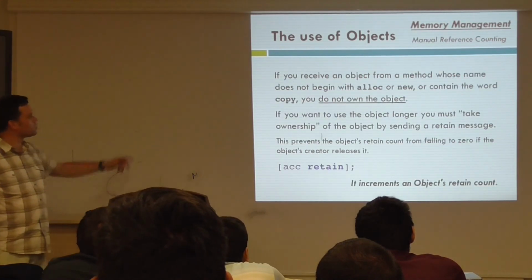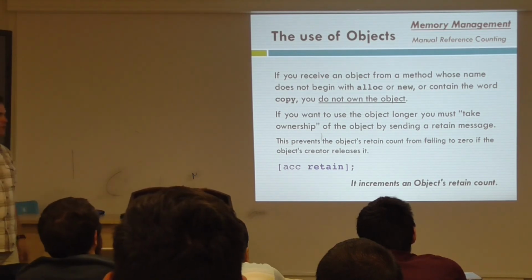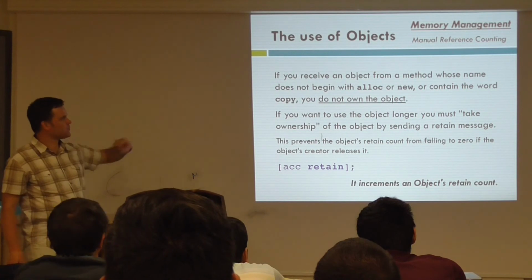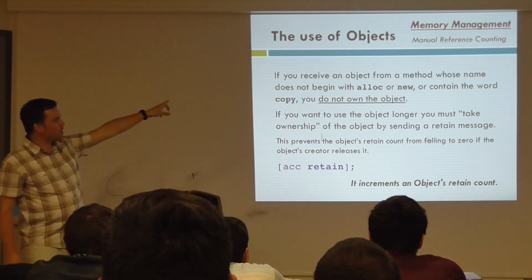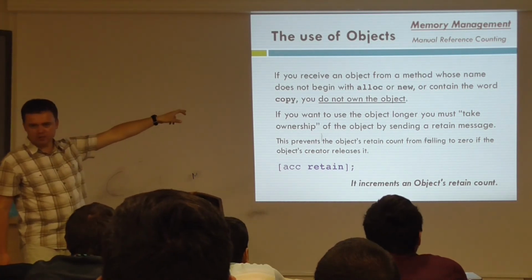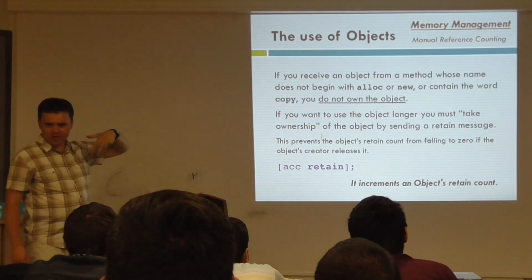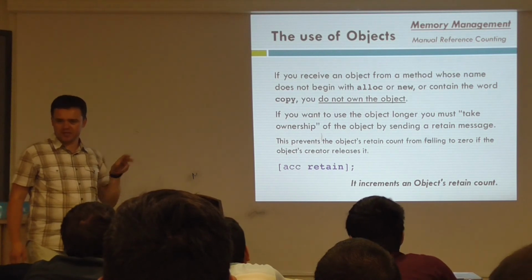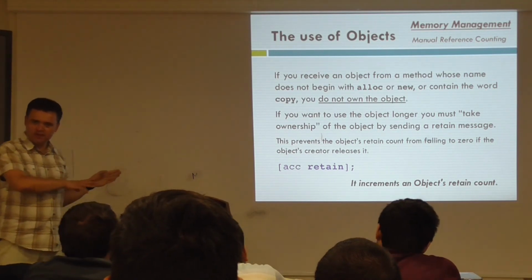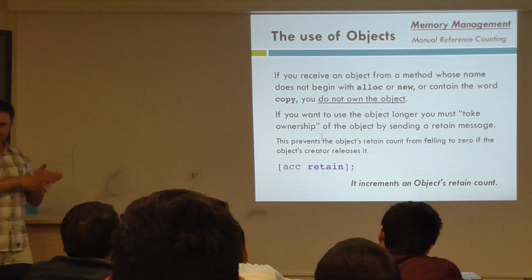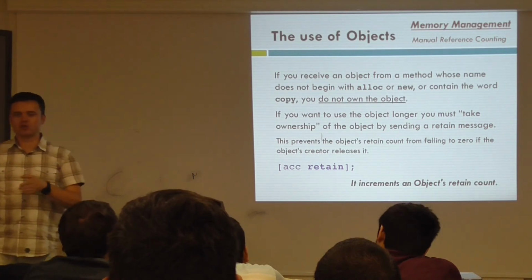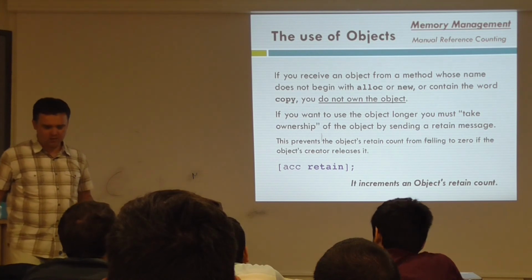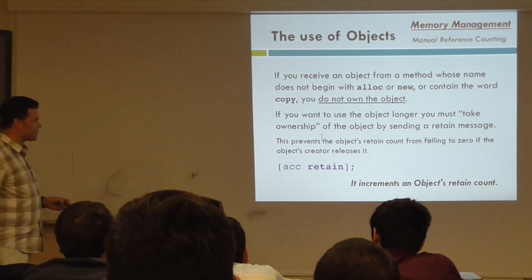And now we can go to, you can see in the right corner, memory management. MRC, manual reference counting. Manual, done by us. We have different possibilities in Objective-C. I will first start with that, and soon I will show how we can do it in another approach, automatic reference counting.